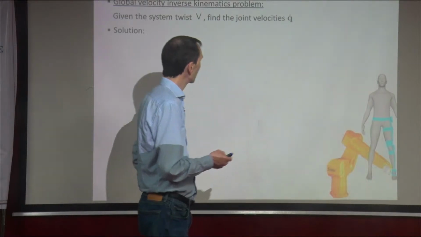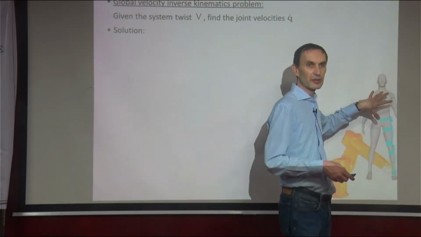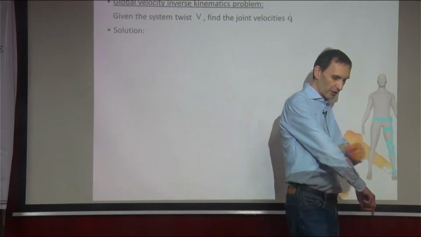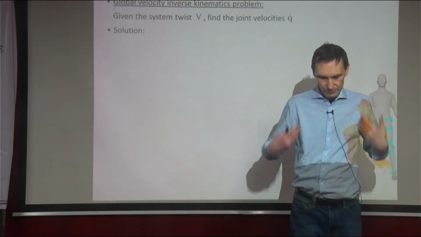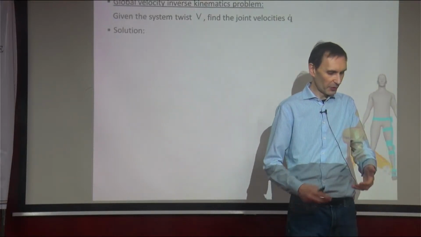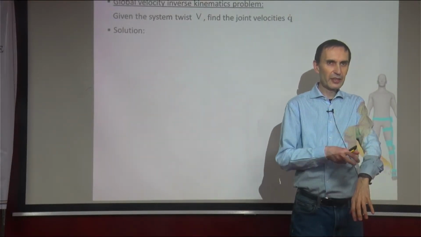Because this is what you do when you work in biomechanics, for example. You have markers placed on your body, on many bodies, because our body is split into different links, parts.